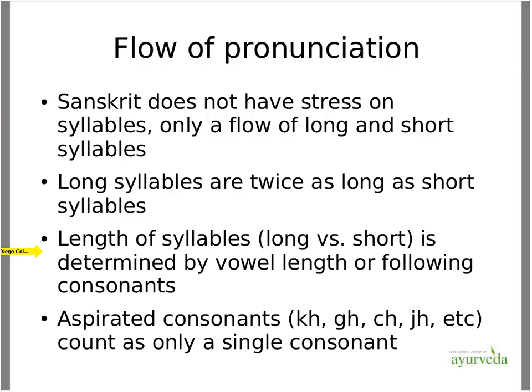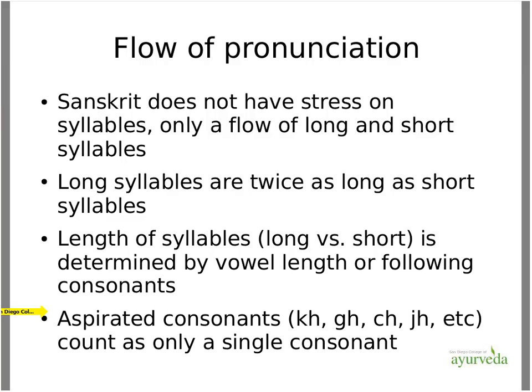So if a syllable is a short vowel, but it's followed by doubled consonants, then it becomes long. Or if it's at the end of a verse, the end of a line. And aspirated consonants, ka, ga, cha, ja, etc., only count as a single consonant.